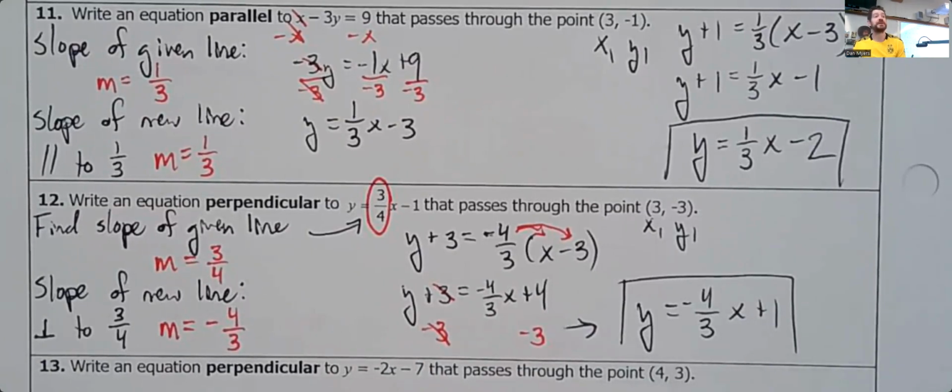What's that? 3/5. It wouldn't be positive, right? Correct. Just positive.